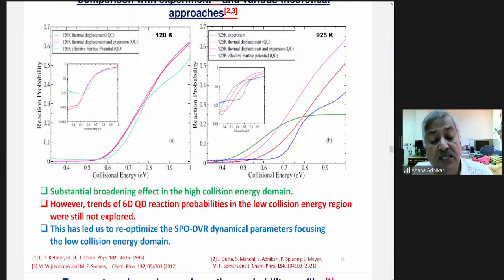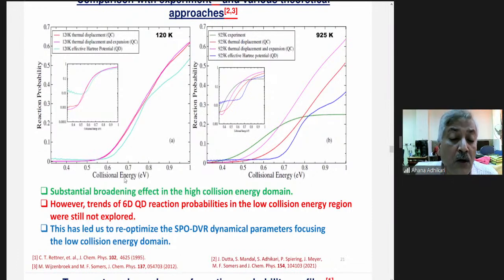Considering a Hamiltonian from first principles, and including the surface temperature from a Bose-Einstein kind of first principle approach, the trends of 6-dimensional quantum dynamics reaction probability in the low collision energy region were still not explored. This has led us to re-optimize, since there are some differences between this green curve and blue curve. So we need to re-optimize the dynamical parameters focusing on low collision energy. And that we have done.